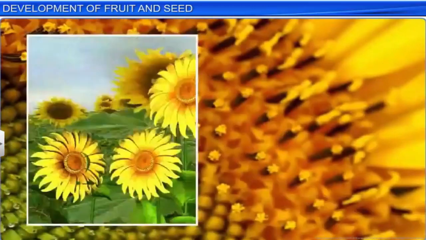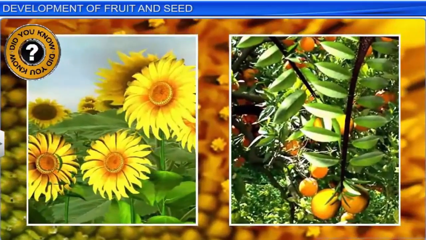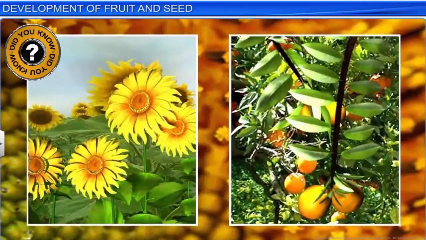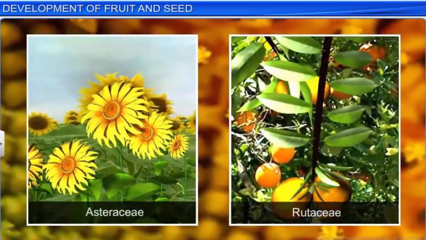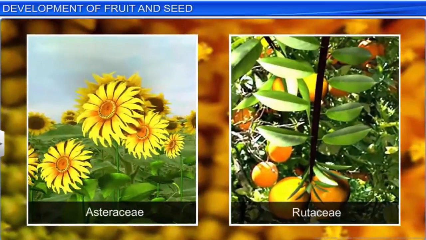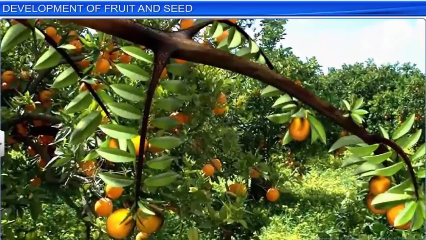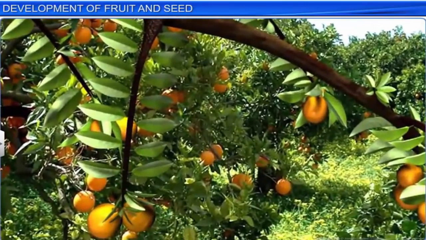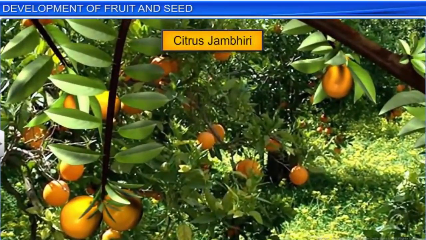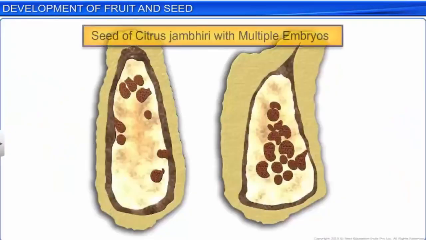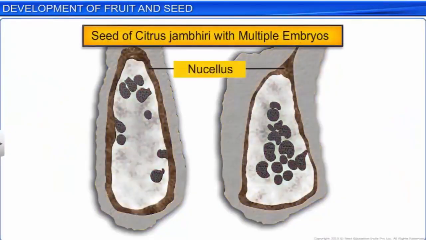Did you know that plants such as grasses and those belonging to the family Asteraceae and Rutaceae are common examples of apomixes? Moreover, in certain apomixes such as Citrus jambiri, which belongs to the Rutaceae family, the nucellar cells surrounding the embryo sac divide and protrude into the embryo sac.